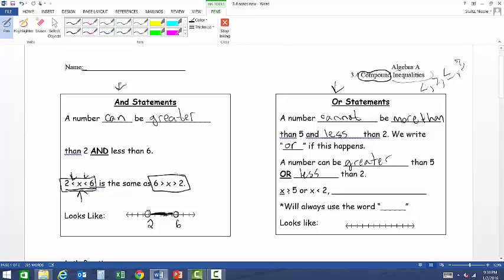So we use symbols to show x is greater than 5 or x is less than 2. So the or compound inequalities will always use the word or in them because they can't both be true. So we're going to write but not both. You can be more than 5 or smaller than 2, but you can't be both at the same time. And again, we'll always use the word or.